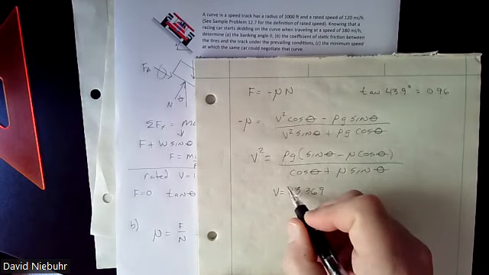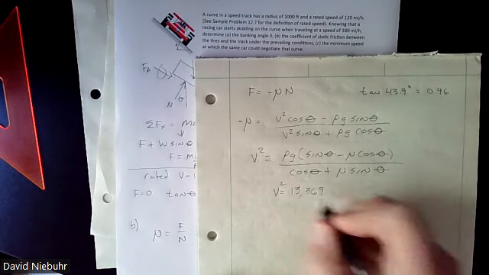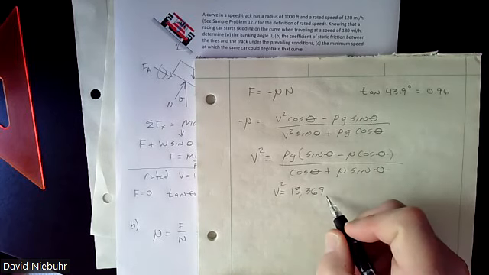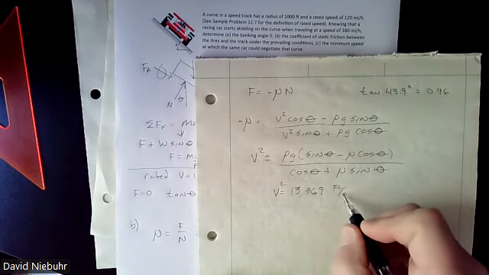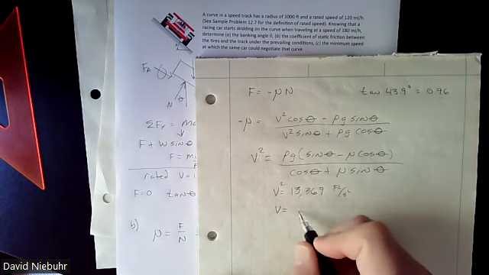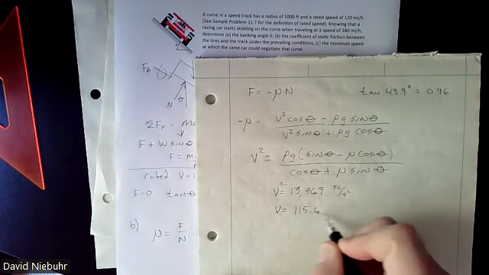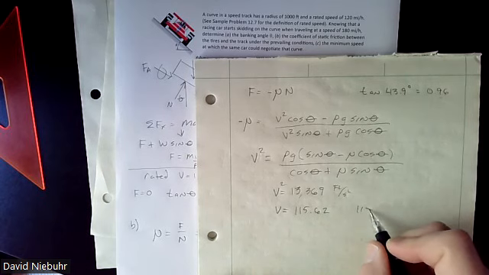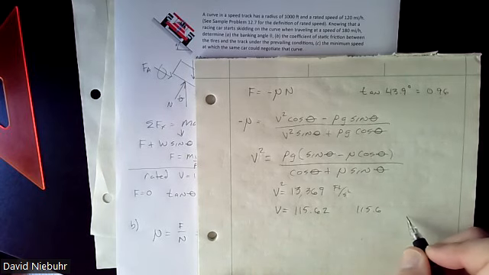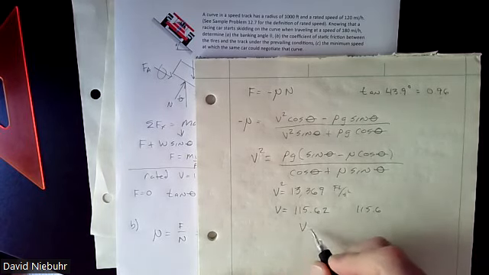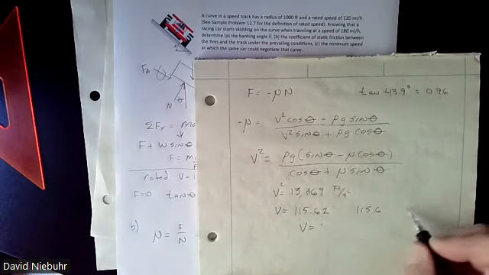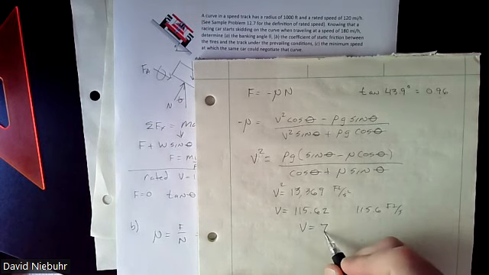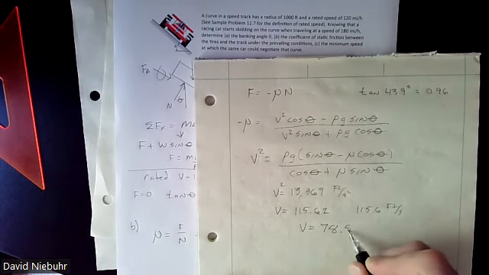That's squared though. So v squared is about 13,000 feet squared per second squared. So you end up with a velocity of about 115.6 feet per second. But we want miles per hour, so we convert back. And so it's about 78.8 miles per hour.